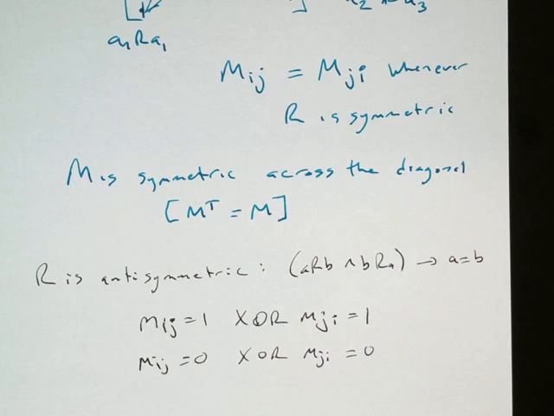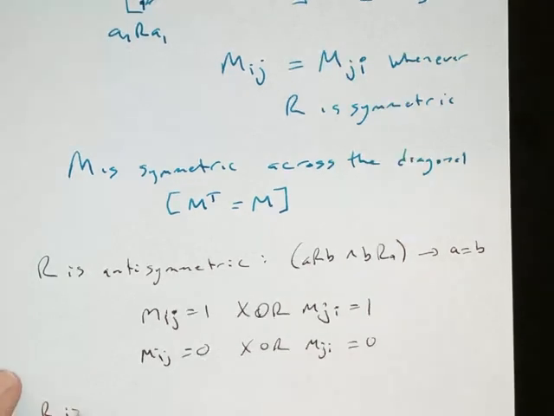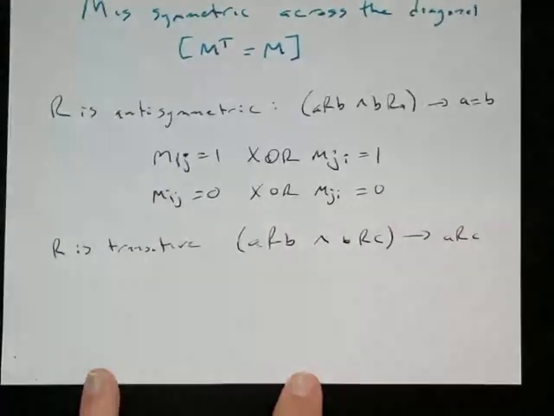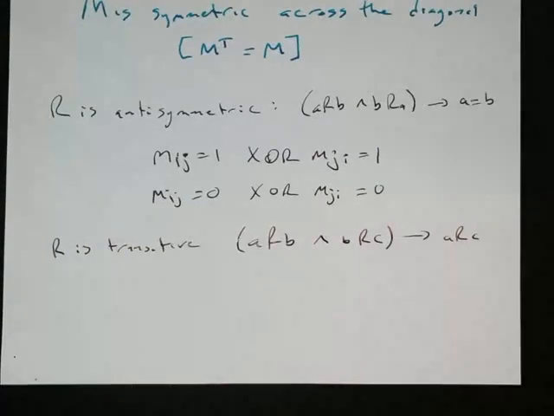There was another property. The last property we talked about on Monday. Transitive. So A and B are related, and if B and C are related, then A and C are... Ew.